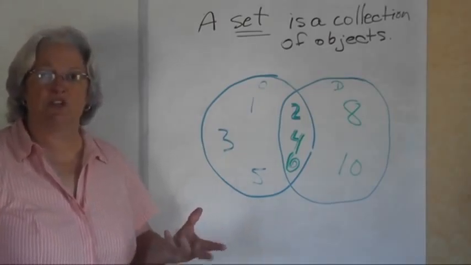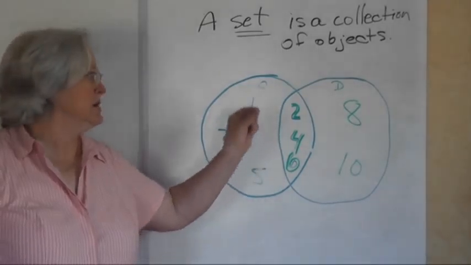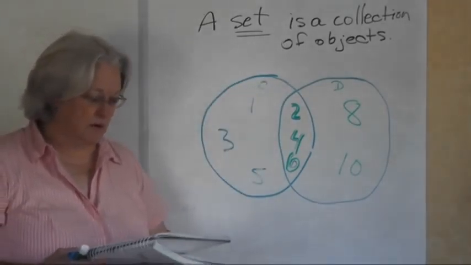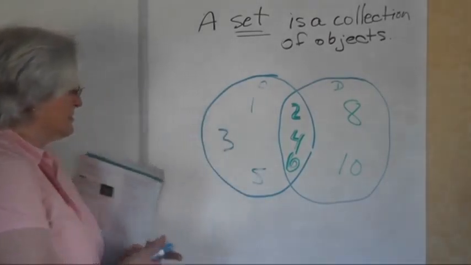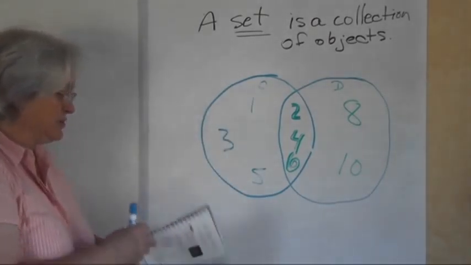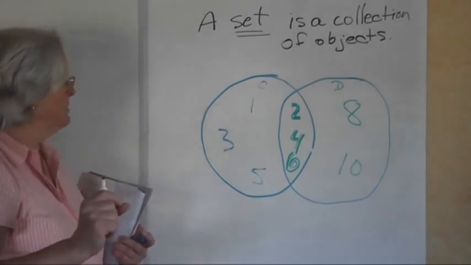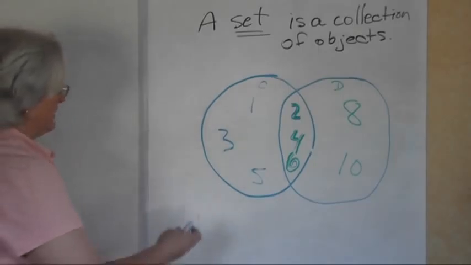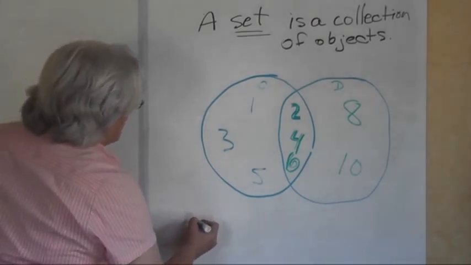But of course, mathematicians have had to come up with a way to describe those sets and special symbols to use for it. So you see that they have, it's called set builder notation, and they're going to use braces to identify a set. They might say something like, let's say the set of whole numbers.